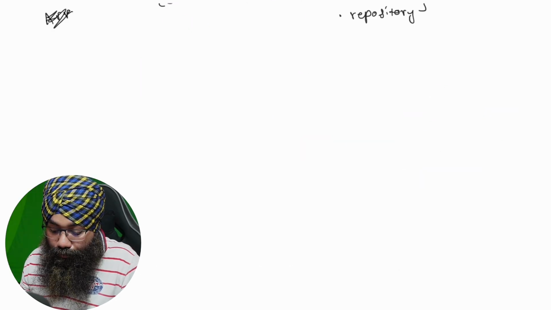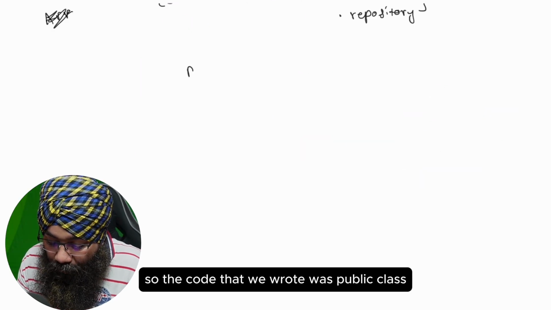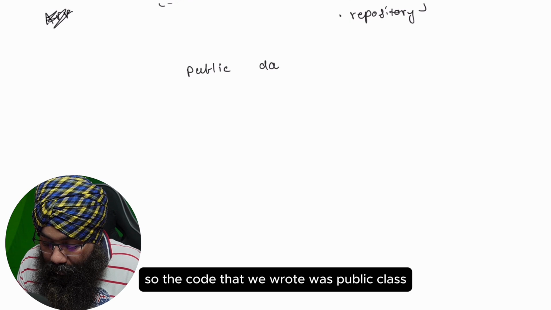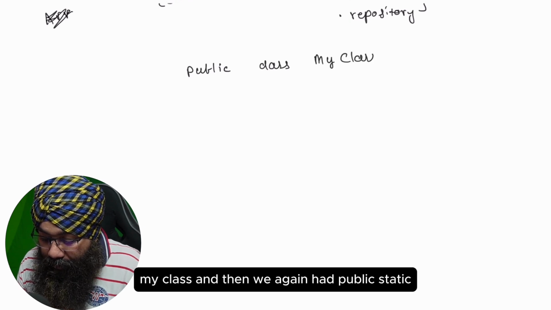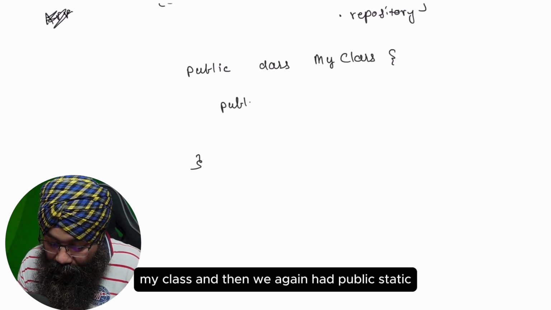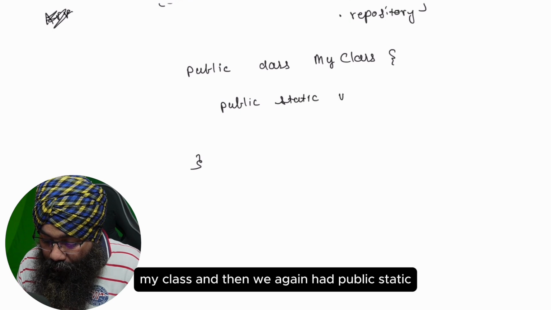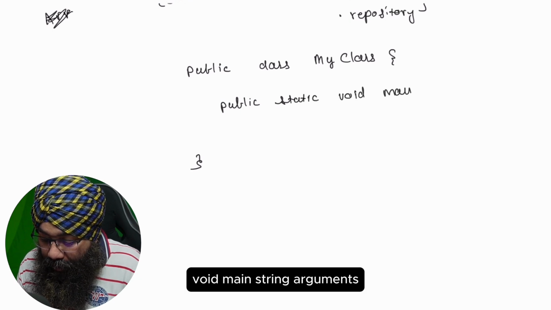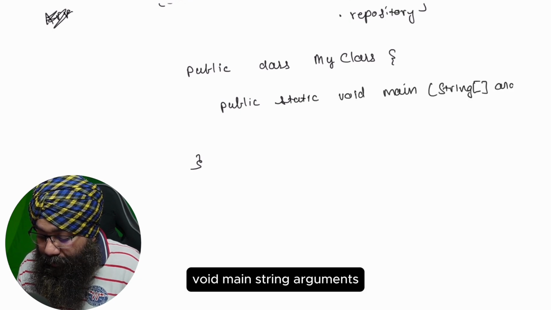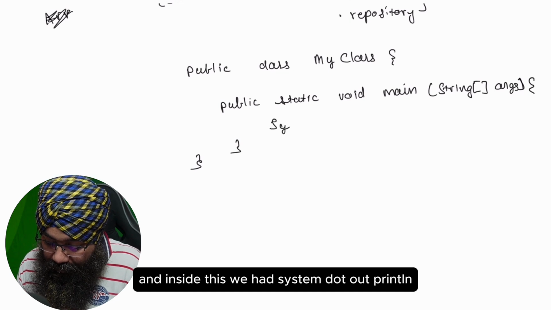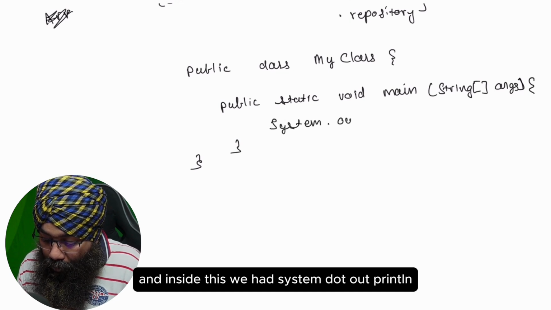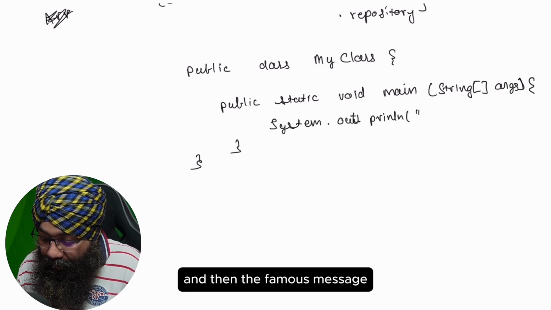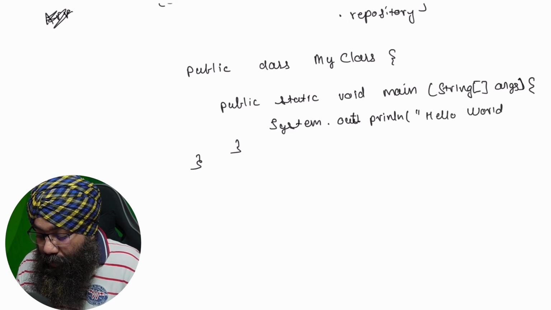The code that we wrote was public class MyClass, and then we again had public static void main String arguments, and inside this we had System.out.println, and then the famous message Hello World.